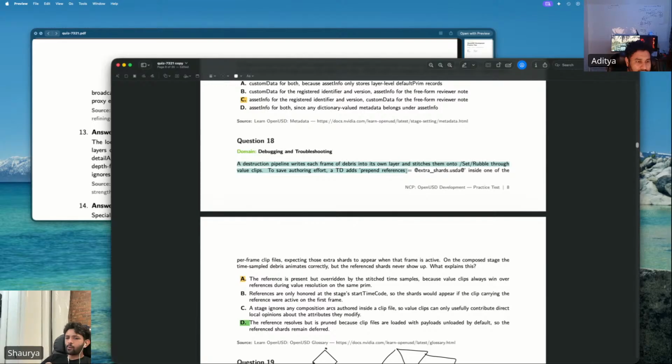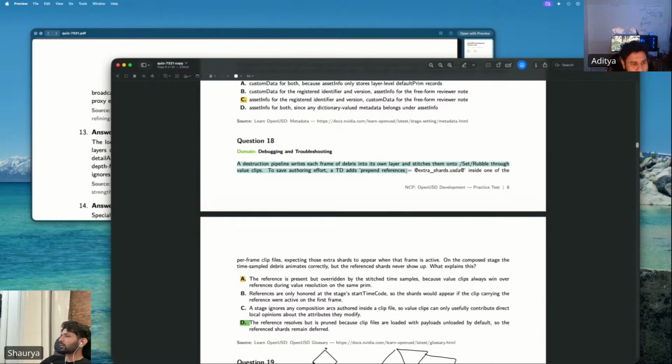So it is saying that in the pipeline that he wrote, in one of the clips he was like, okay, let me try adding a reference, basically a composition arc. He expected that the values he is referencing, basically the USDA in that value clip frame that he's selecting, will appear when the frame is active.